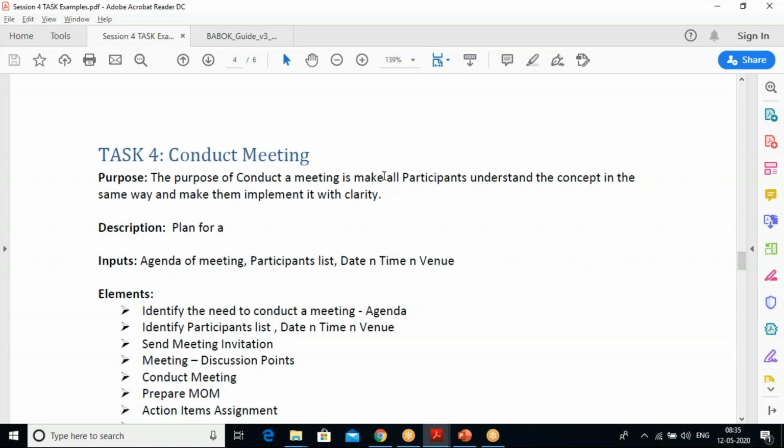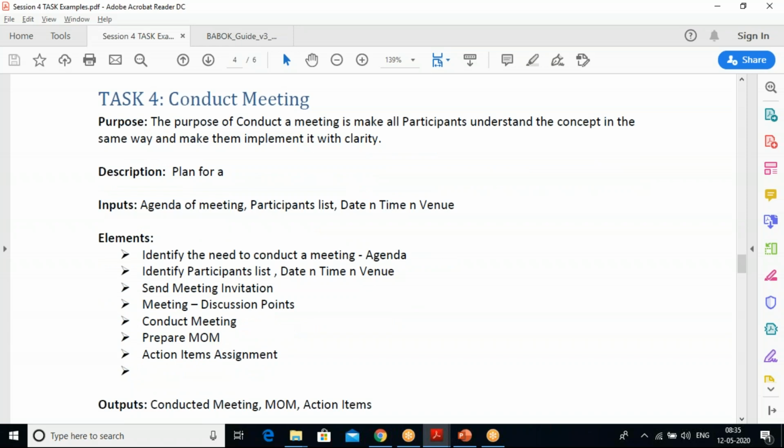So we do it either online or in a conference room, communicate what we want to communicate to all the participants, invite them, and conduct the meeting.